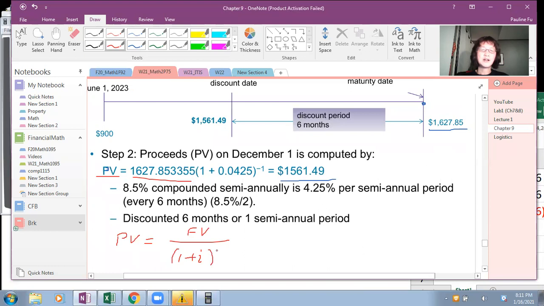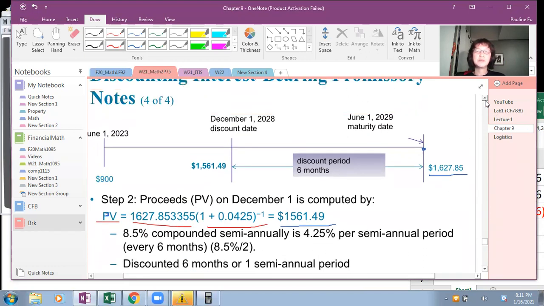This is the same as PV equals FV times (1 plus i) raised to the power negative n. So how do we know the term n?